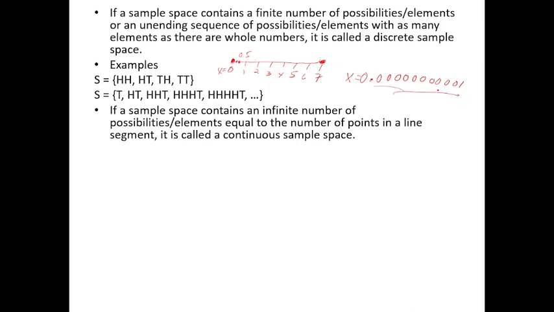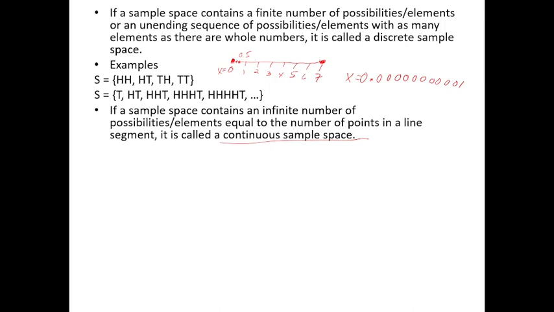Hindi natin mabibilang. Sobrang dami. So, pag yung sample space ay nagko-contain ng walang katapusang possibility or elements na kasing dami ng mga points sa line segment, ang tawag natin doon ay continuous sample space.